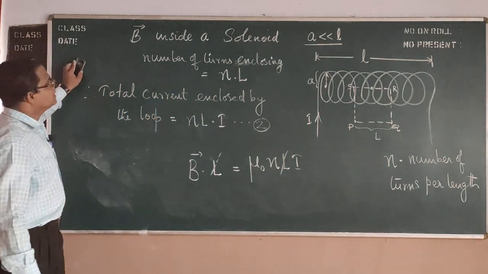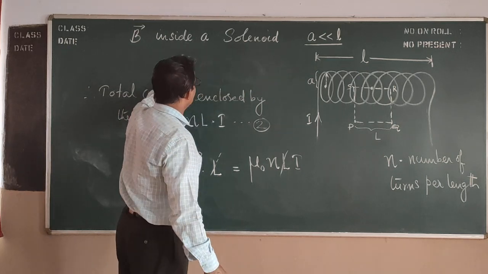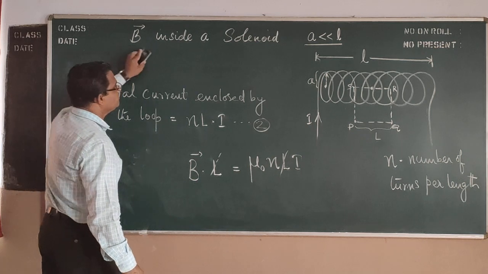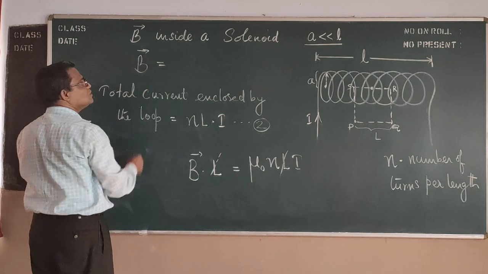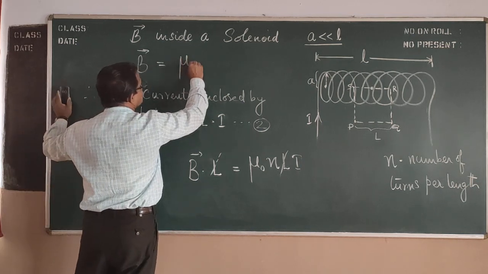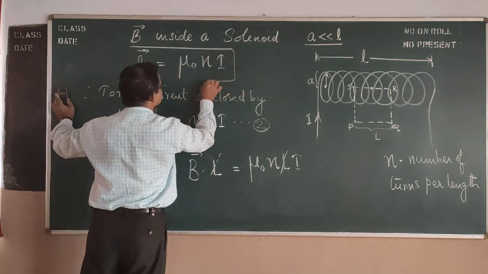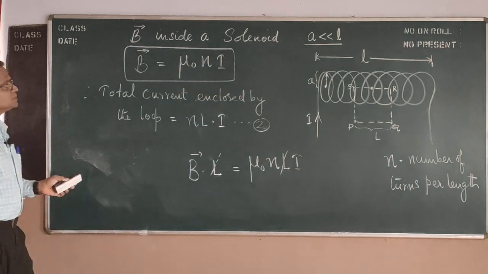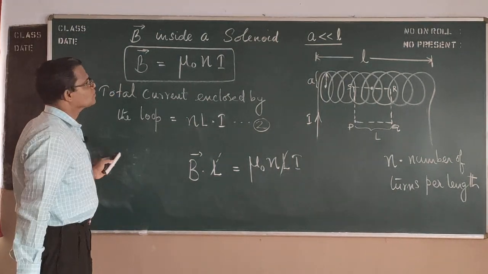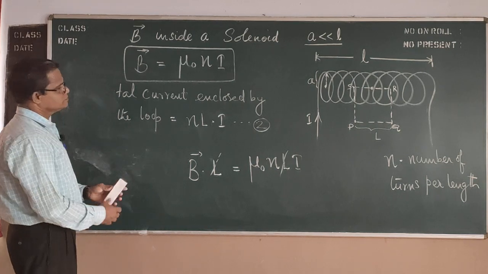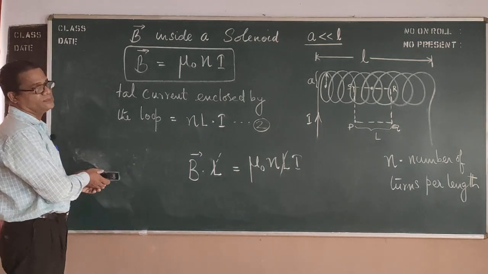Therefore, the magnetic field well inside the solenoid will be B equal to mu 0 small n into I. This is the equation for the magnetic field inside the solenoid.